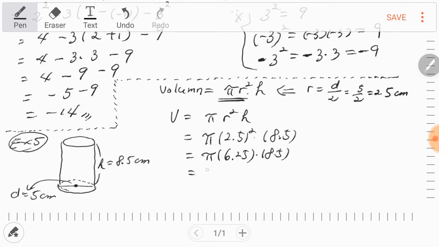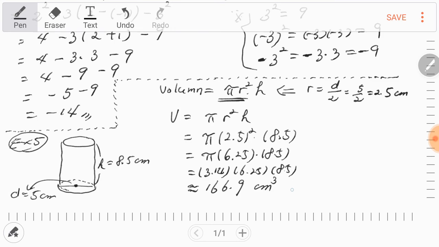Using a calculator, with pi as 3.14, 3.14 times 6.25 times 8.5 gives approximately 166.9. Volume is always cubed, so cubic centimeters.